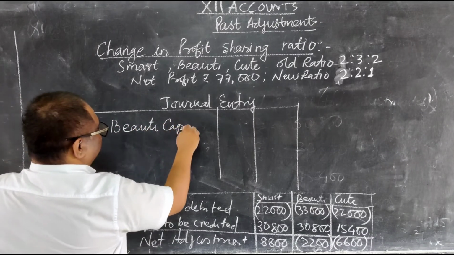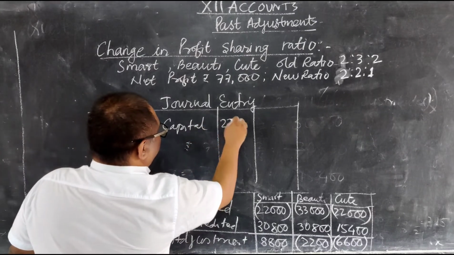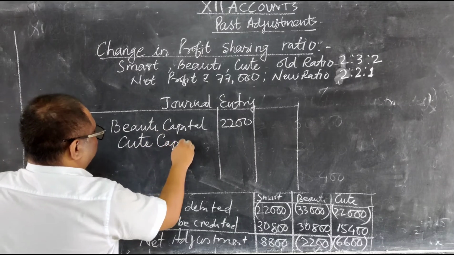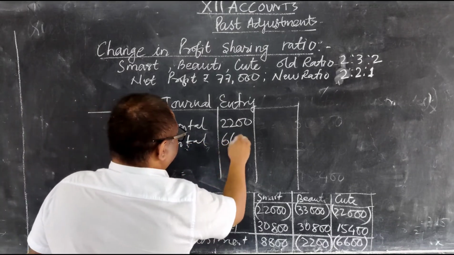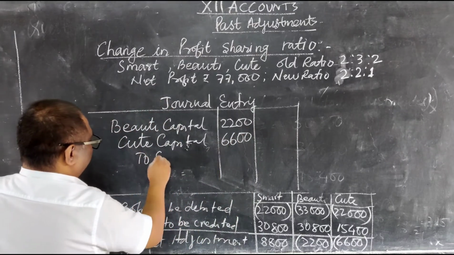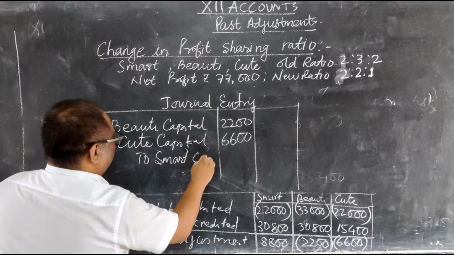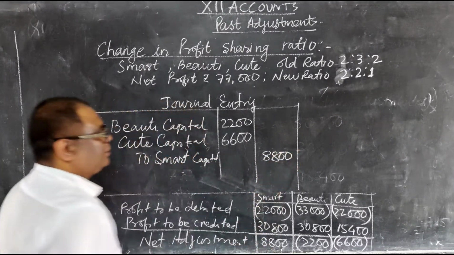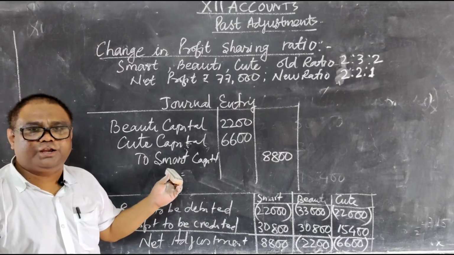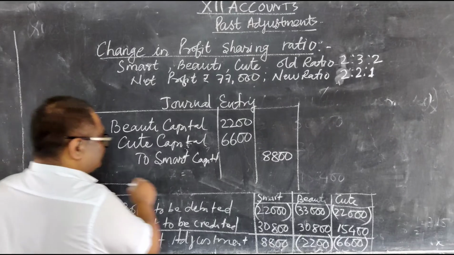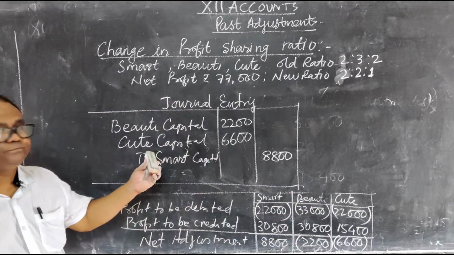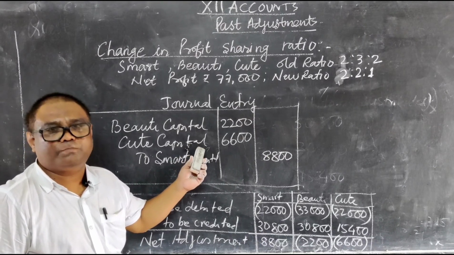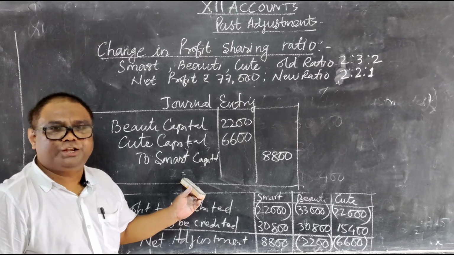This is the rectification entry when there is a change in the profit sharing ratio.